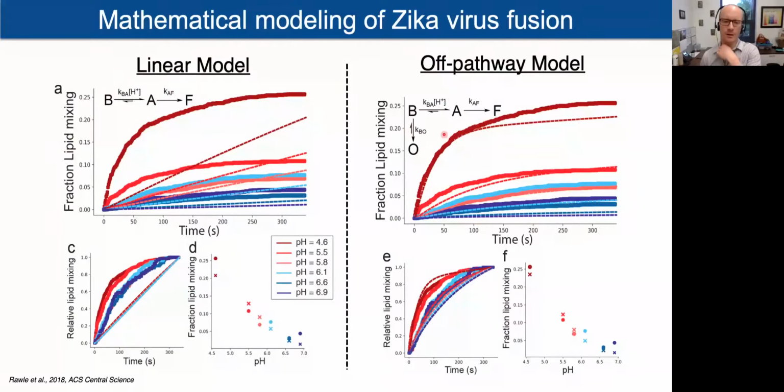The only way to get closer to fitting the data, these aren't perfect, but better, is if somewhere in that pathway we include an off-pathway state. So something that doesn't let you move forward to fusion, but makes you go off pathway. So this was super exciting to us. You may be wondering why an off-pathway state is exciting.